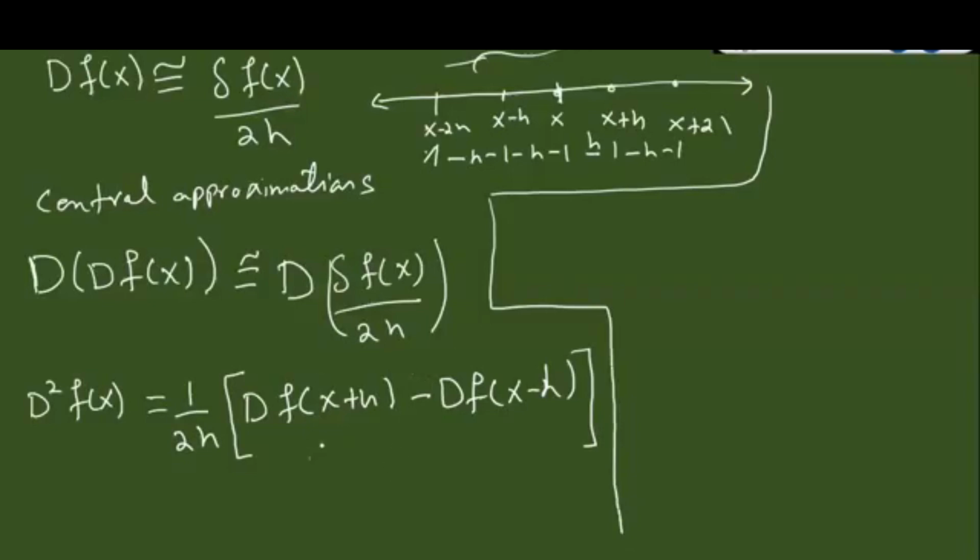Now student, similarly, if I ask you, you want to compute d based on central approximation, how will you do that? D is shifted, but you have to do it in the sense of central approximation. So when you have to do it in a central approximation, you have to apply the basic definition there.